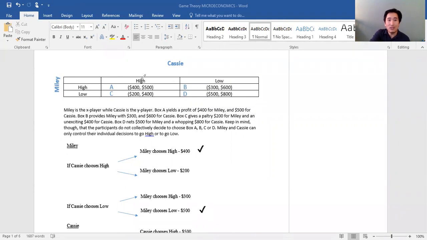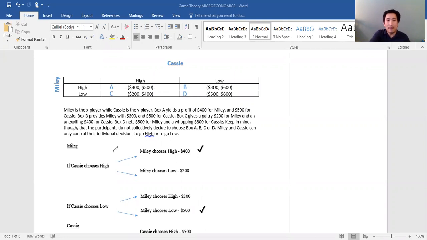If Cassie chooses high, so again, I think the situation I use here, they're selling boba, and they can either choose to sell the boba at the high price or the low price, right? Now, the collusive outcome would be for them to choose box A. But again, keep in mind, they're not individually choosing box A, B, C, or D. They're only choosing to either sell at a high price or a low price, right?